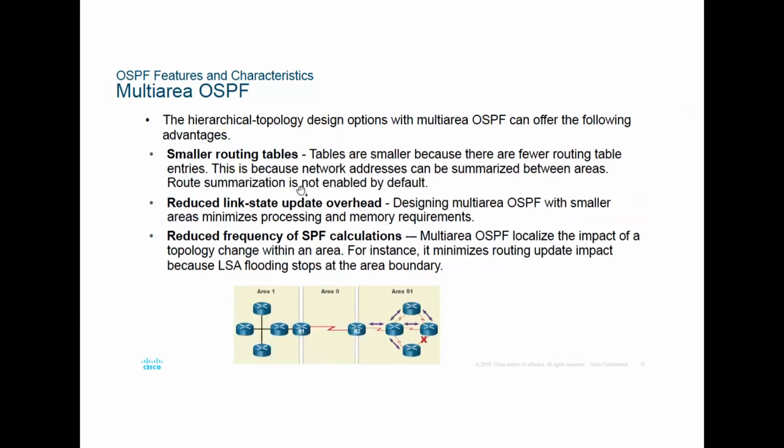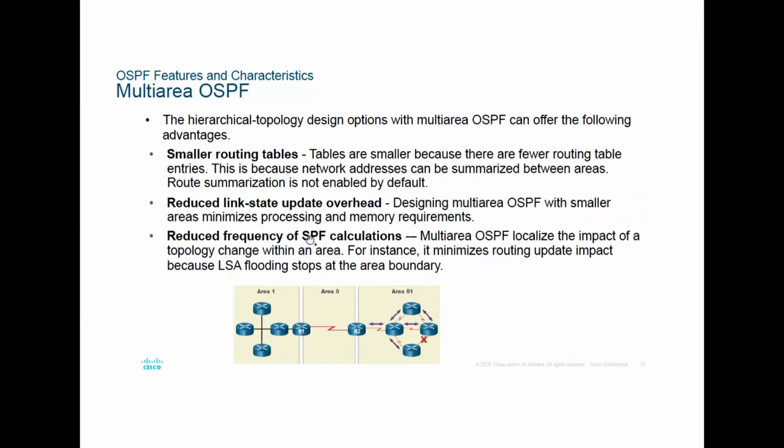Route summarization is not enabled by default. Secondly, reduce link state update overhead, meaning that designing multi-area OSPF with smaller areas minimizes processing and memory requirements. Okay, so reduce overhead of exchanging the information.